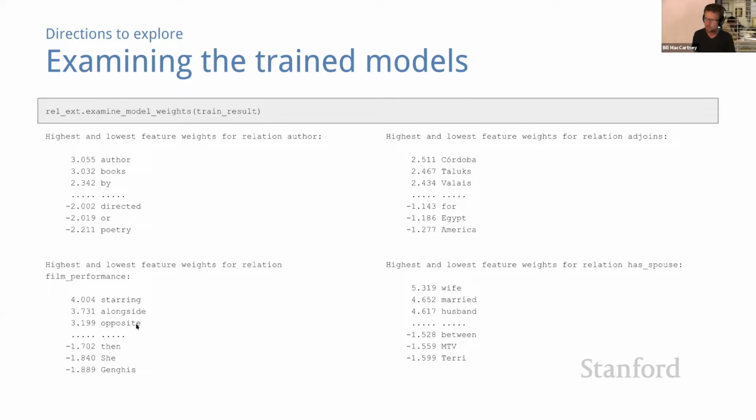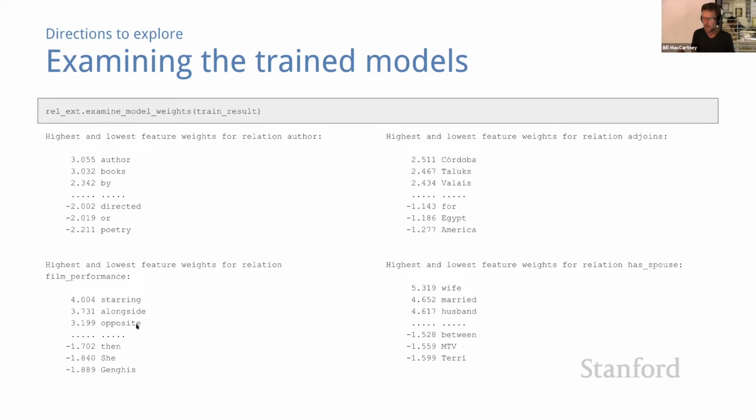What I did was I wrote a little bit of code to pull up the actual examples that caused these weights to wind up being large. And what I realized was there's a very common pattern, which is like X appeared in Y alongside Z. So X and Z are actors, Y is a film.